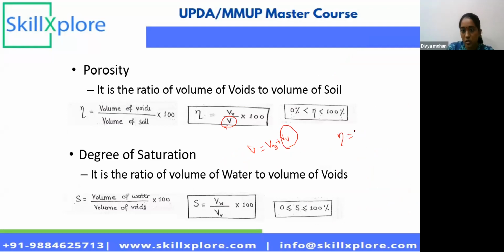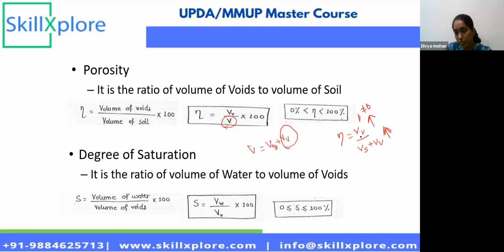So eta is equal to Vv by Vs plus Vv. So if Vv is increasing, this factor is also going to increase, but it will not reach 100%. It will be greater than 0% and less than 100%. I already told you that Vv will not be equal to 0 under any conditions.